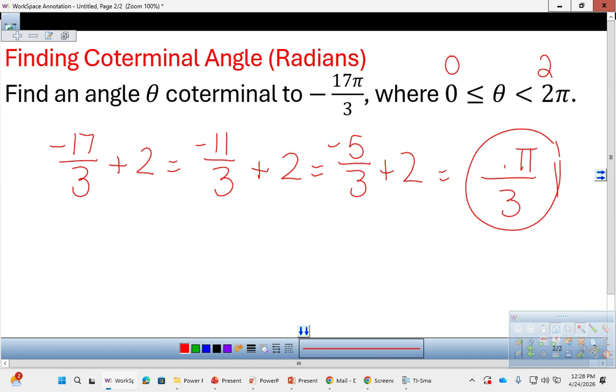So I'm just adding 2 consistently until I get somewhere between 0 and 2. Now if your fraction is bigger than 2, for example, let's say your angle was 18 pi over 3. That's like 6 pi, that's bigger. You're going to subtract 2 until you get somewhere between 0 and 2.